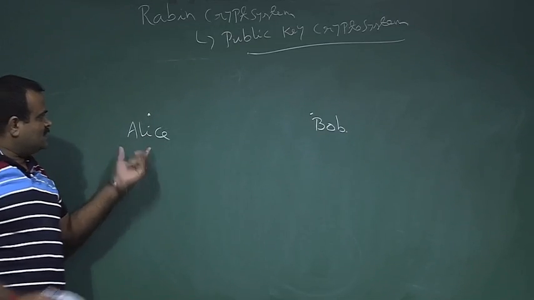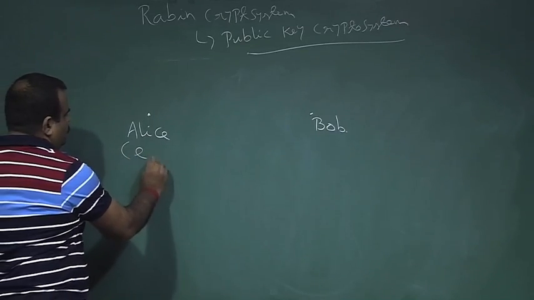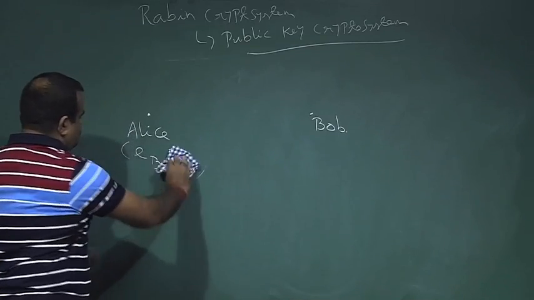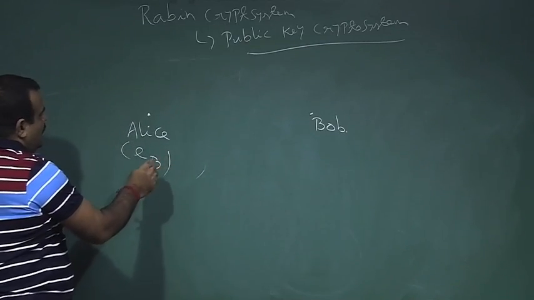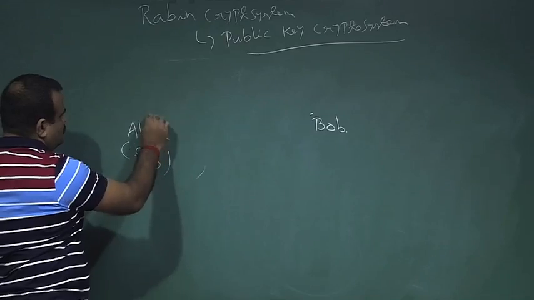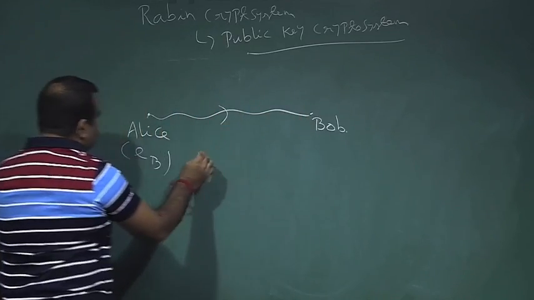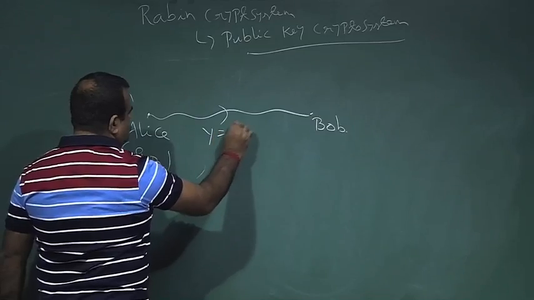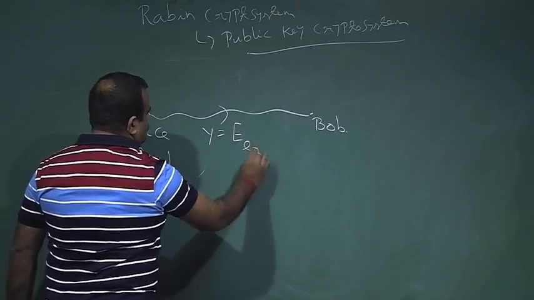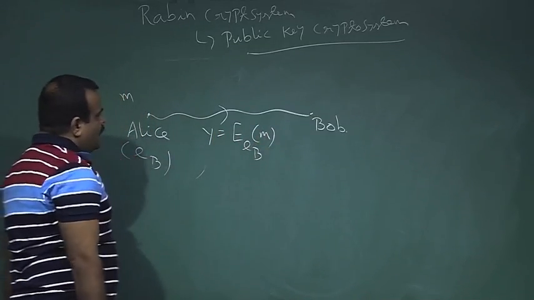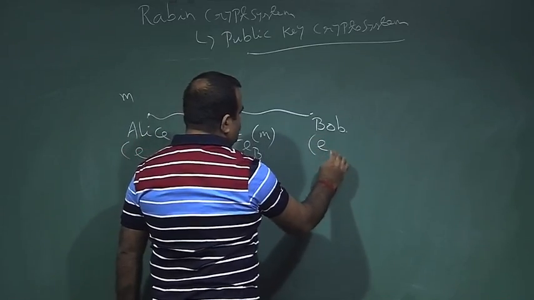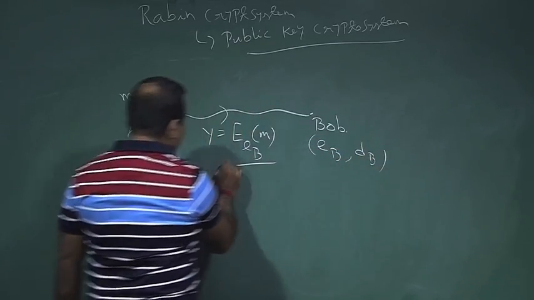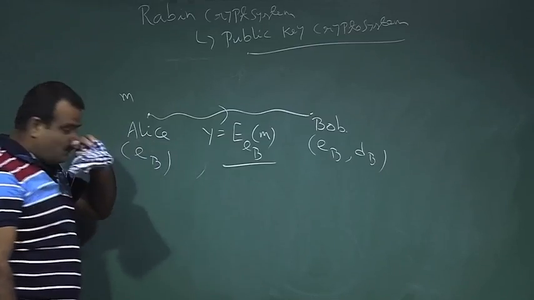That means Alice needs to get Bob's public key, and Alice will encrypt the message using Bob's public key. This is the public key encryption, and Bob has Bob's secret key.